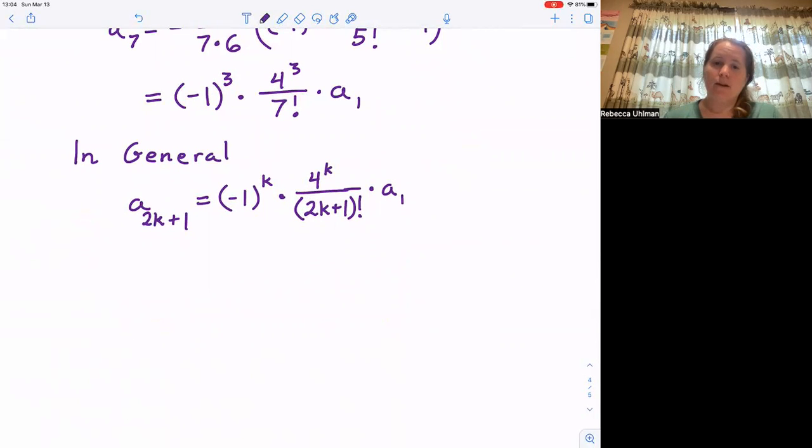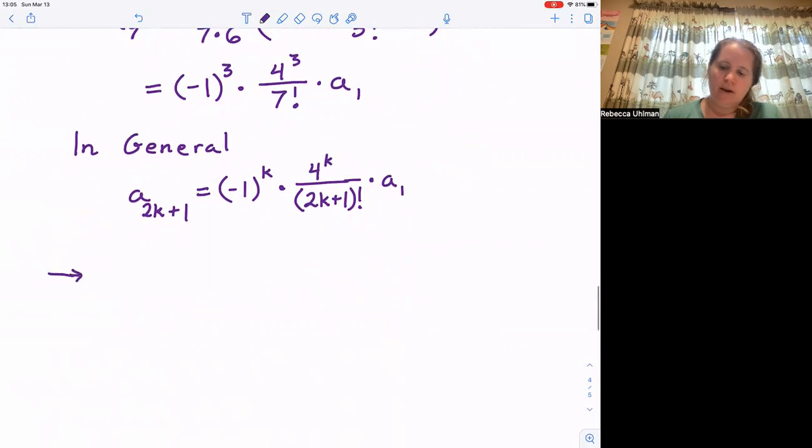What we get then from here, we have that y can be split into one piece that does the even terms.